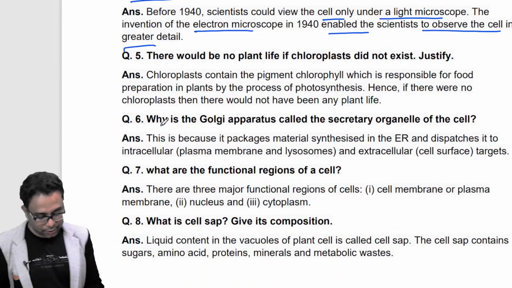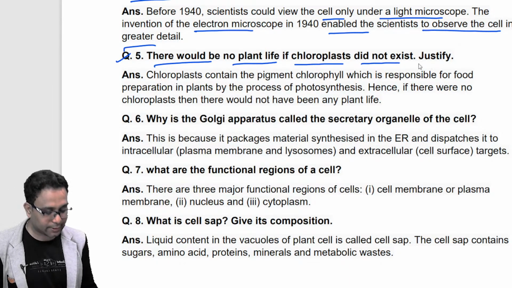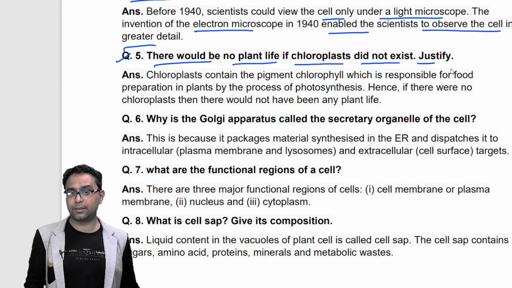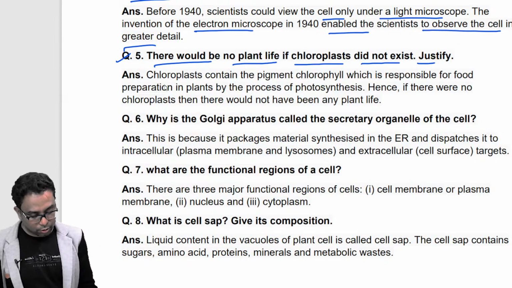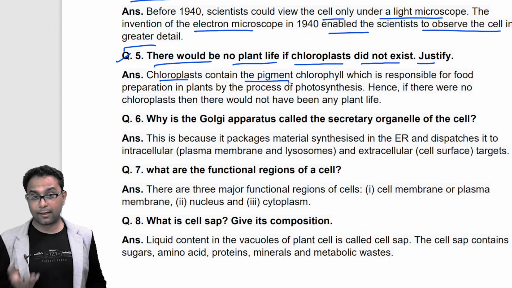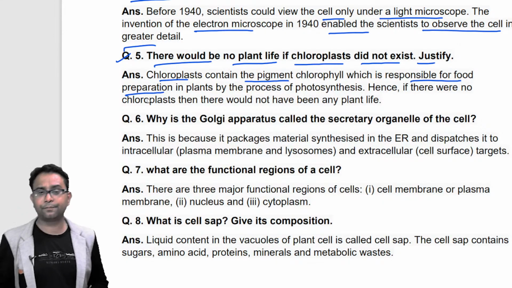Next, question number 5. There would be no plant life if the chloroplast did not exist. Justify. This type of question is very important in the CBSE syllabus. You know the chloroplast contains a pigment. What is the name of the pigment? It is chlorophyll. What is the function? It is responsible for food preparation.